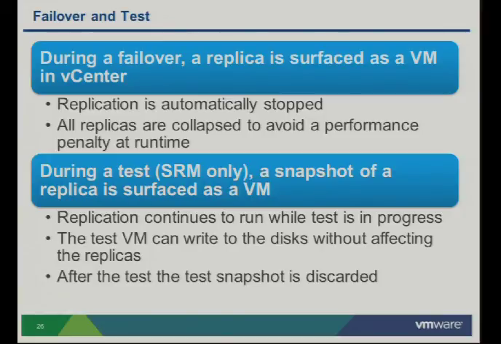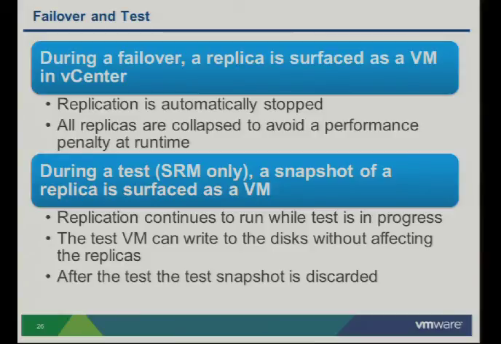If you're using SRM, you also have the ability to perform a test, in which case we essentially perform the same steps, surfacing the VM, except that instead of collapsing all those replica redo logs into a single VMDK file, we create a snapshot on the side. And this is a real snapshot, so the VM is writing to it. So the VM runs perfectly fine.